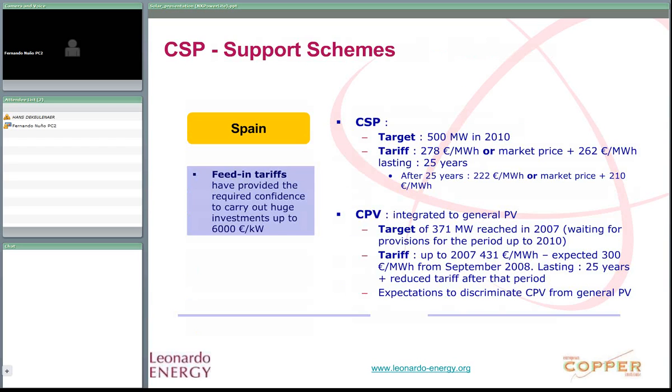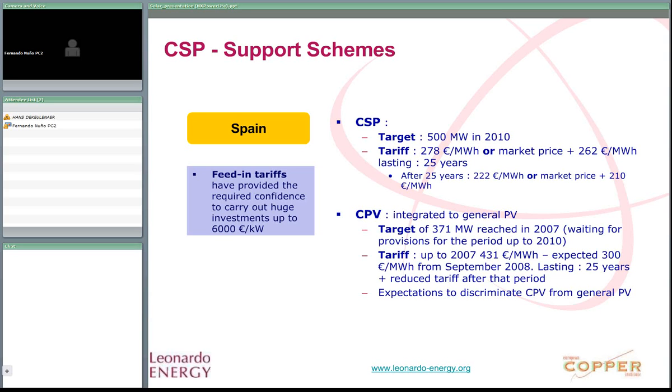Now we will see which are the current support schemes in different places. In Spain, there is a scheme based on feed-in tariffs, so they have provided good confidence to carry out huge investments. So basically, there is a target of 500 megawatts by 2010. This target will definitely be increased in the coming years.